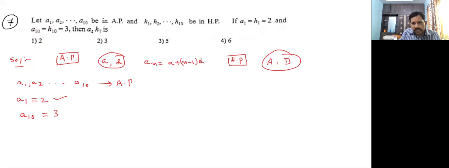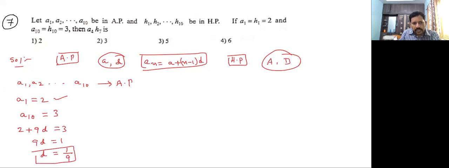A10 means, how to write? a means first term, 2, plus 9d, that is equal to 3. What is 9d? 1. What is d? 1 by 9. So we got d value 1 by 9 and a value is 2.